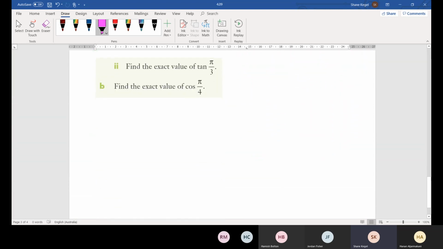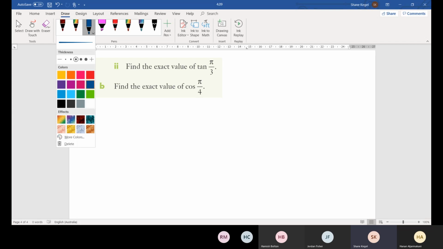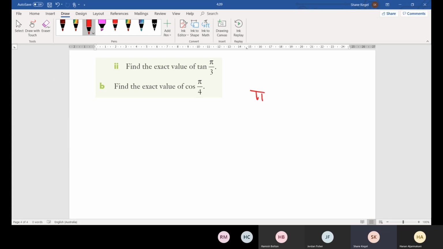So having a look at this, find the exact value of tan pi on 3. First thing I want to do is take my radians measurement, my pi on 3, and convert it to degrees. I know that pi on 3, because pi radians is 180, is 180 on 3, the same as 60 degrees.